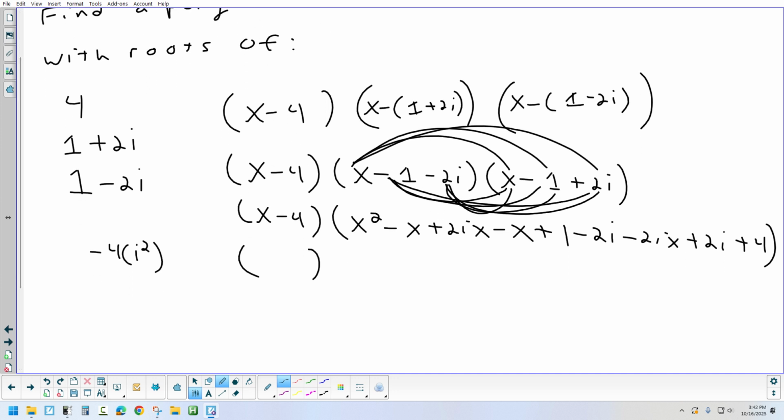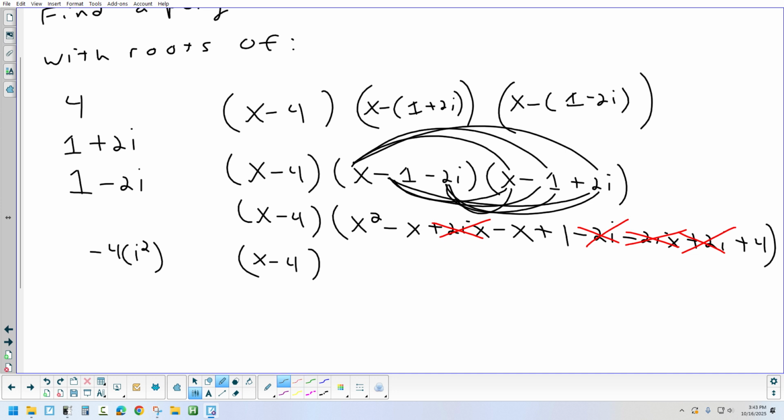What's going to happen inside my parentheses? The 2ix is going to cancel. Yep, the positive 2ix and the negative 2ix are gone, so we don't have to worry about those. And then the negative 2i and the positive 2i cancel too. So now we're going to be left with a quadratic when we combine everything together.